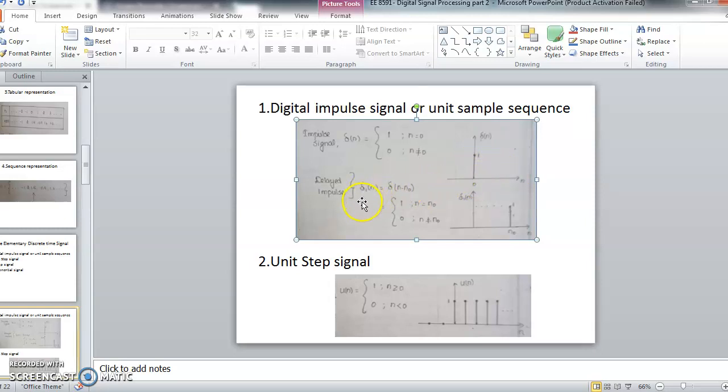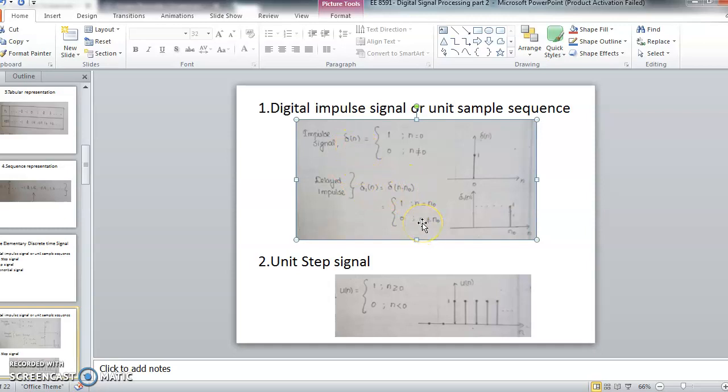And the delayed impulse. What is the meaning of delay? Delay means some shift. In this subject, we represent delay in terms of minus. The impulse signal is taken as del of n, and the delayed impulse signal is taken as del of n minus n naught. Here minus n naught is some delay from the original value.